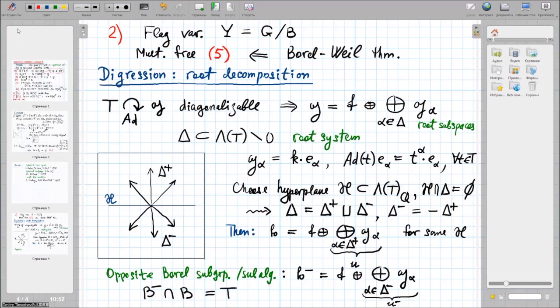If you intersect this Lie algebra with this one, you get just the Lie algebra of T. But it is also true on the group level. So this is what I wanted to say about the root decomposition. And what is the outcome from this root decomposition for our example, for the example of flag varieties? So let me turn to the next page.